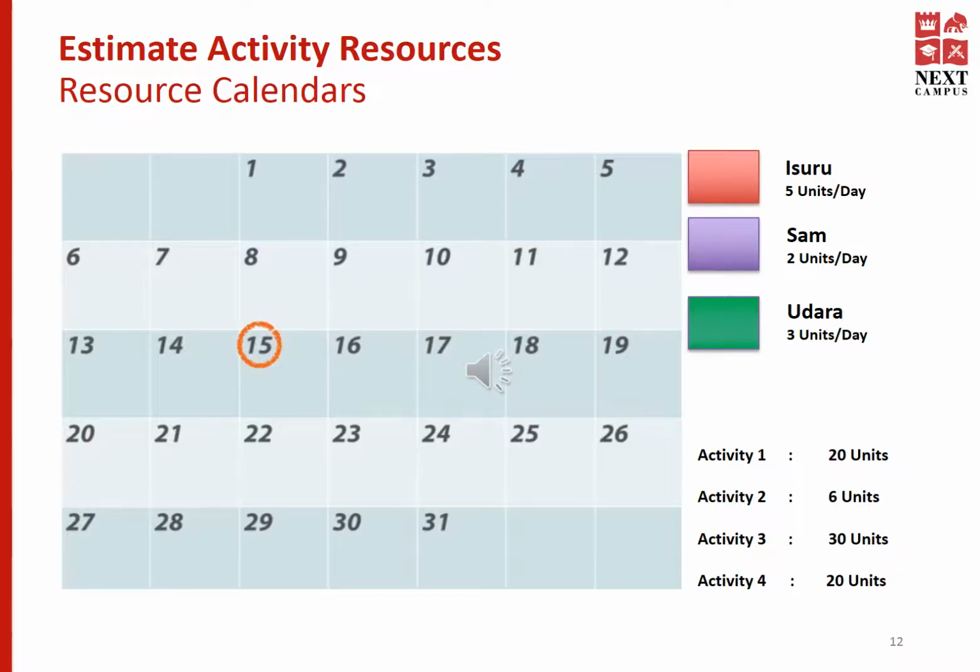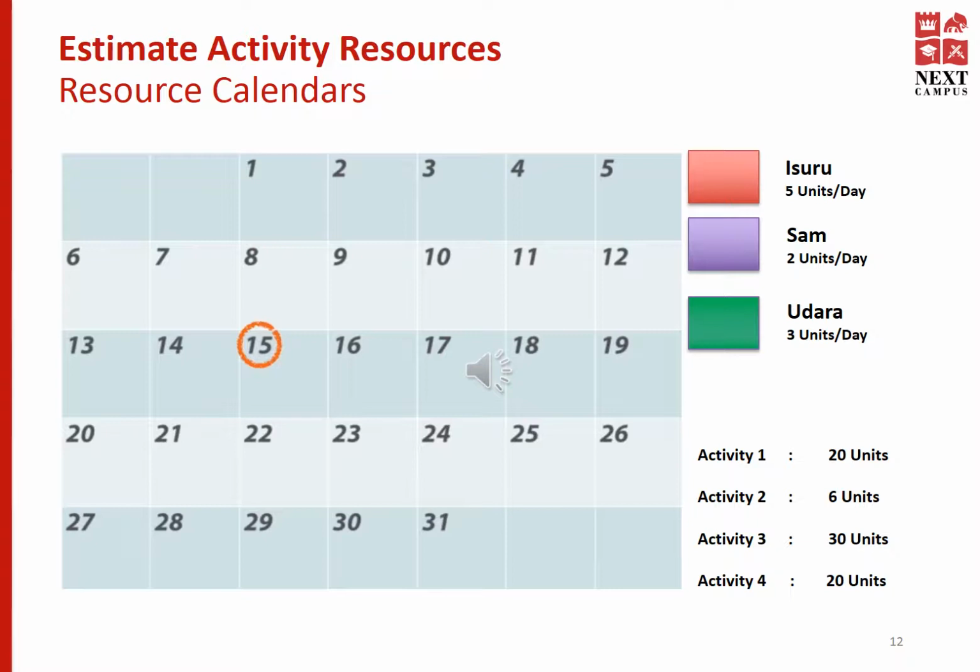Activity 1 takes 20 units to complete, and activity 2 is 6 units of work. Activity 3 may take 30 units to complete, and activity 4 is 20 units of work.